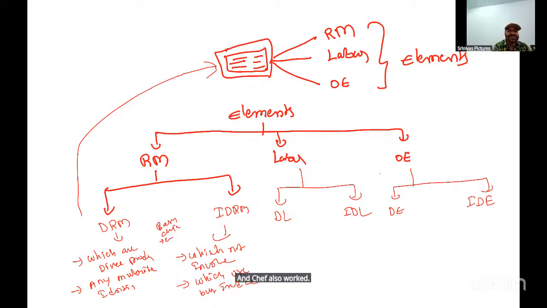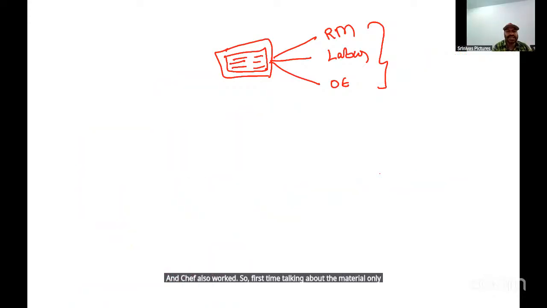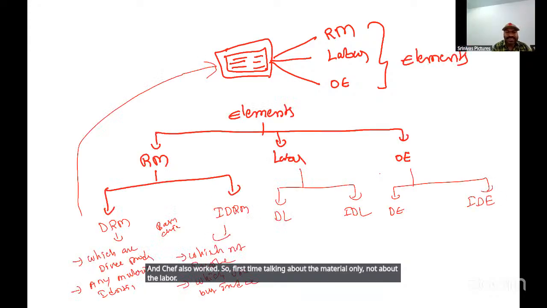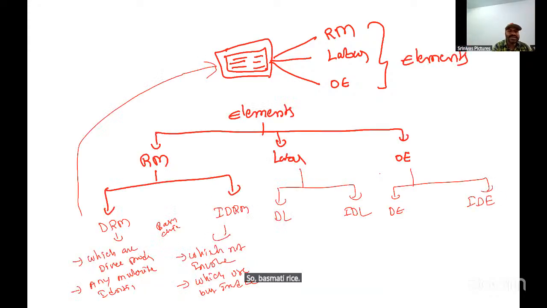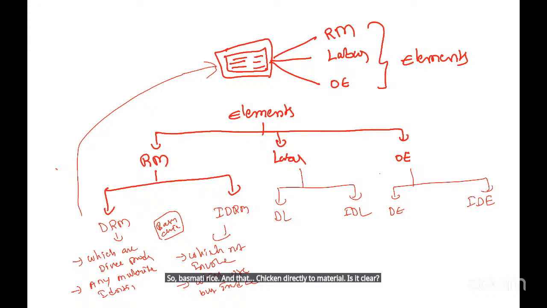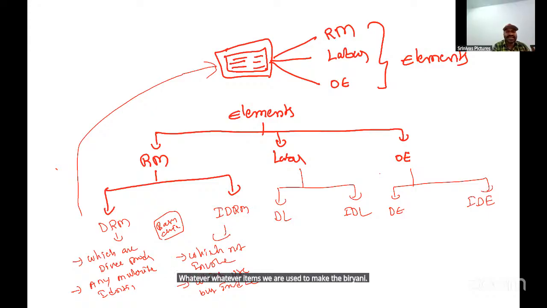First I'm talking about the material only, not the labor. So basmati rice and chicken are direct material. Is it clear? Whatever items we use to make the biryani, that material is direct raw material.